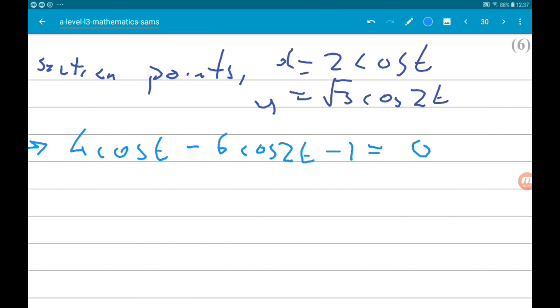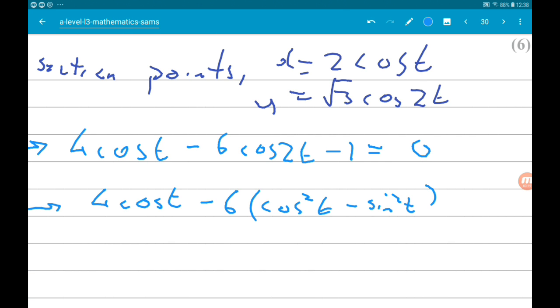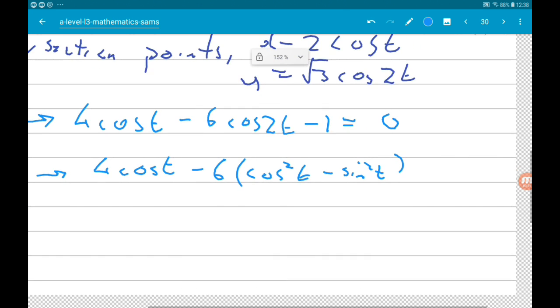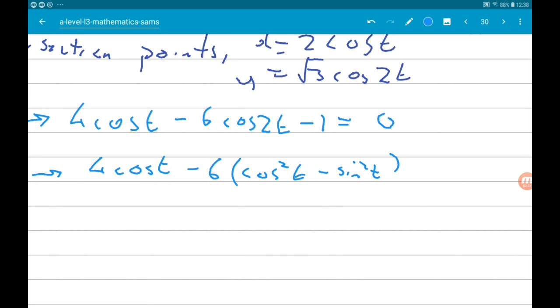So, we can get 4 cos t minus 6 lots of cos squared t minus sine squared t minus 1 is equal to 0.